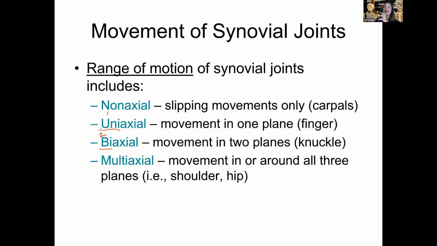So that one's biaxial. And then multiaxial, multi means many. You can move it in many planes. And so great examples are any ball and socket joint. It's like your shoulder joint and your hip joint, okay? So those are some very generic ranges of motion, types of movement that we can get.